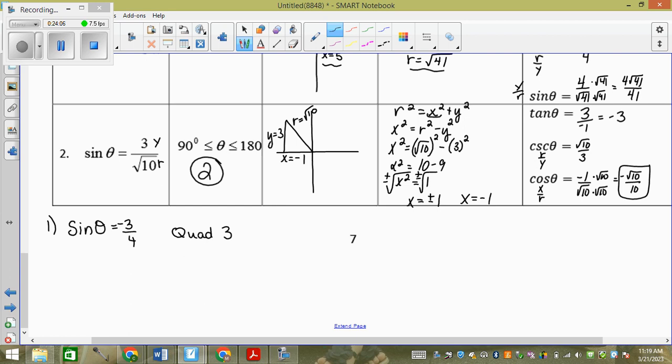Number 2. If I put you between 180 and 270, what quadrant am I putting you in? 3 again.